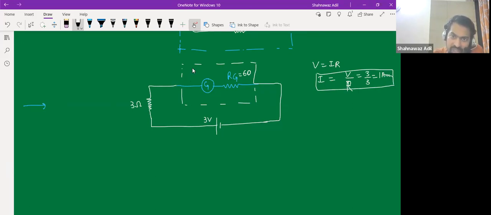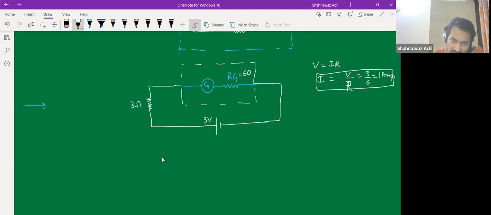I am connecting a measuring device, and it should not affect this measurement. This is called the ideal condition. So I should get 1 ampere current. What does this galvanometer do?